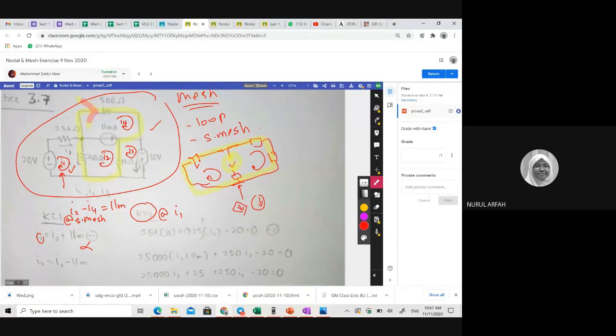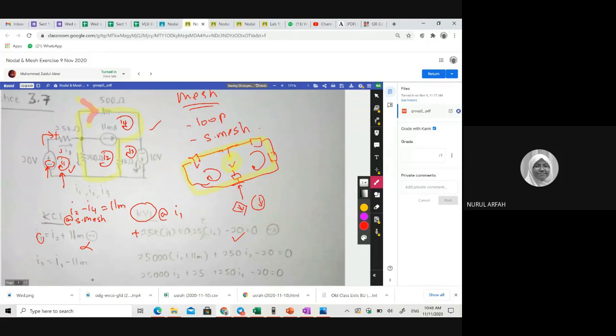I1 is here. So what should you do? Maybe you start from negative here. So negative 20, I can see the negative 20. And then you have 25K. Entering current should have a positive. So you have 25K there. This loop is the loop I1, right?